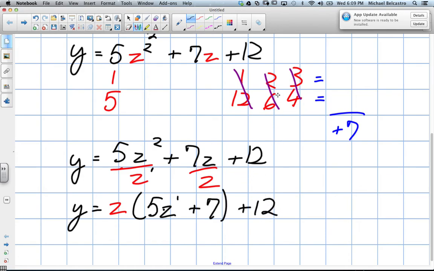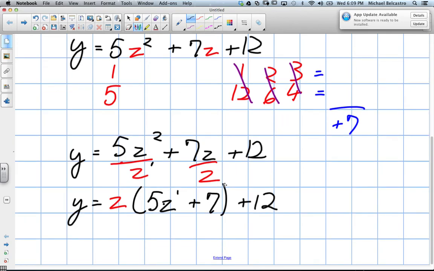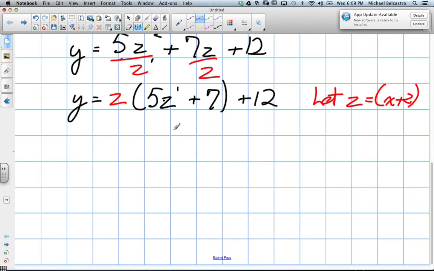Okay, and I know this is a stretch because we kind of got off track with our trinomial factoring. But here's the idea. If you recall, we wrote at the beginning let z equal x plus 2, I believe, right? So z, in this case, is a little different than it should be. So what we're going to need to do is replace the 2 z's in the equation with this here.